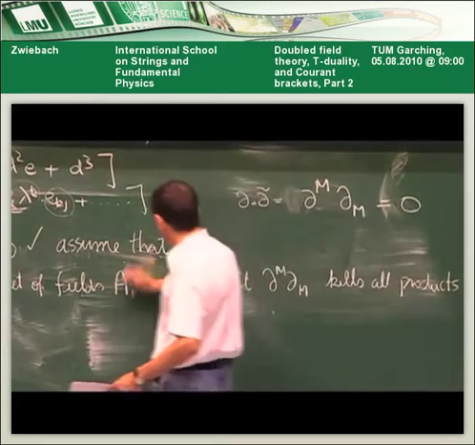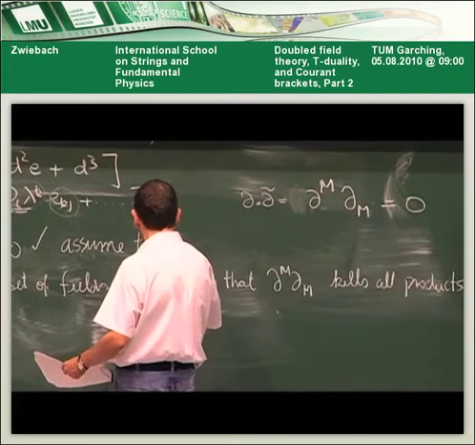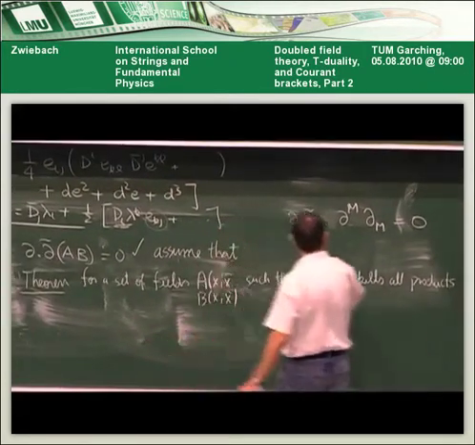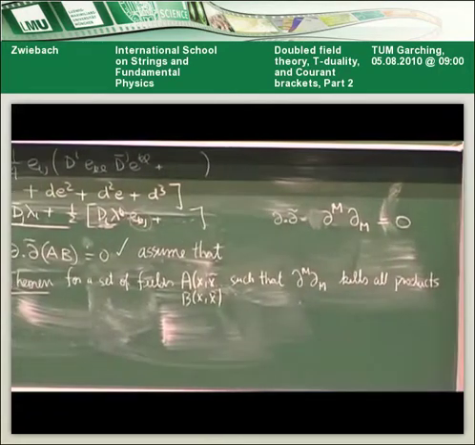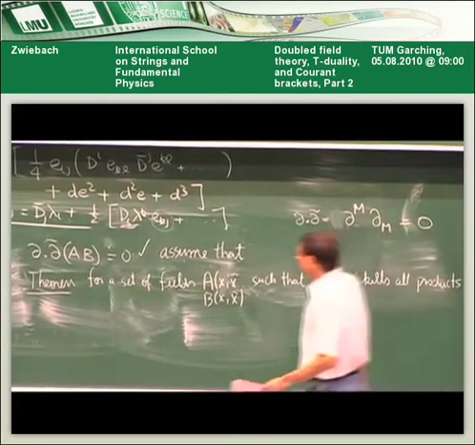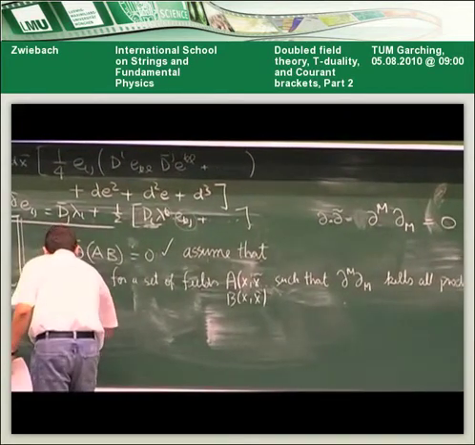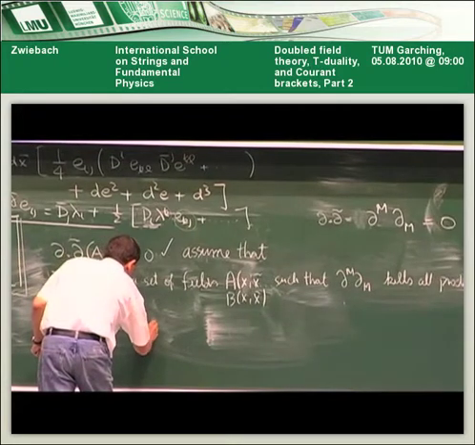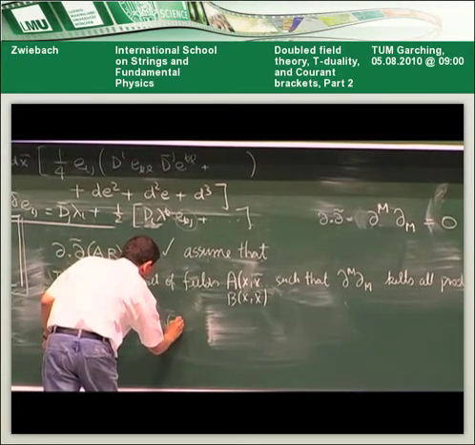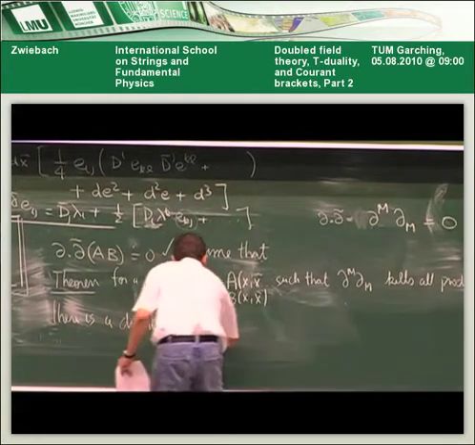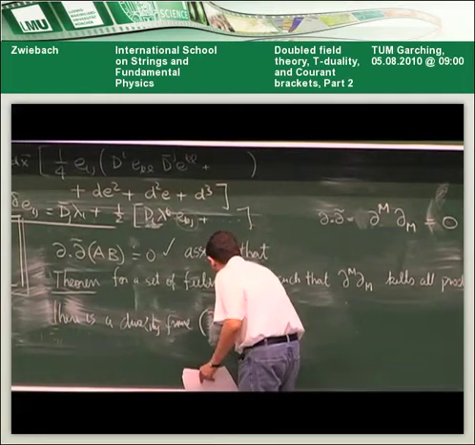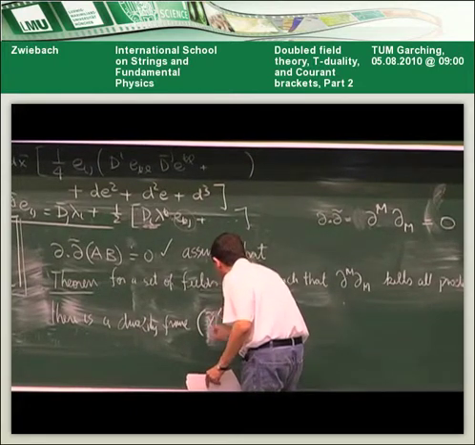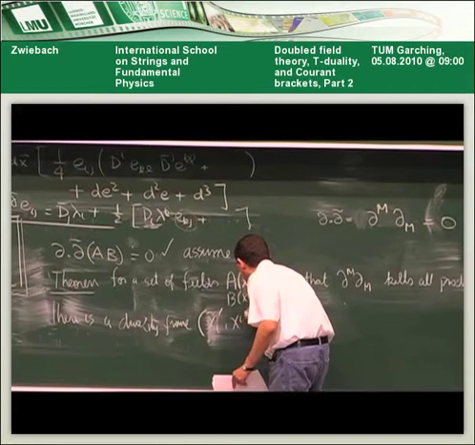So I will write actually a set of fields A of x and x tilde, B of x and x tilde, such that dm kills all products. There is a duality frame x tilde prime and x prime.